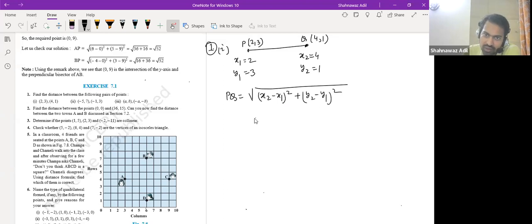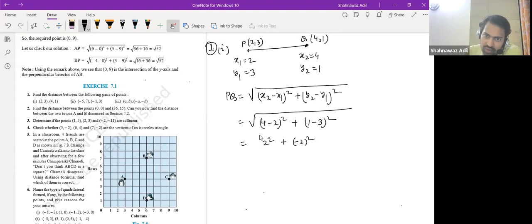Right. So this is what? x2 is 4 minus 2 whole squared, and 1 minus 3 whole squared. So this is 2 squared and this is minus 2 whole squared. So minus 2 whole squared is 2 squared, right?